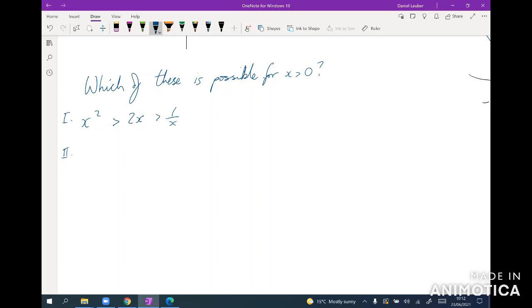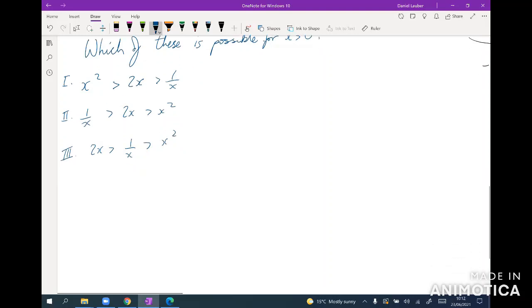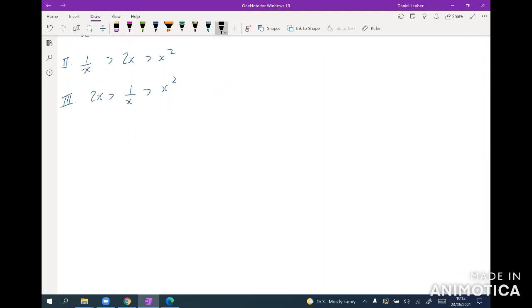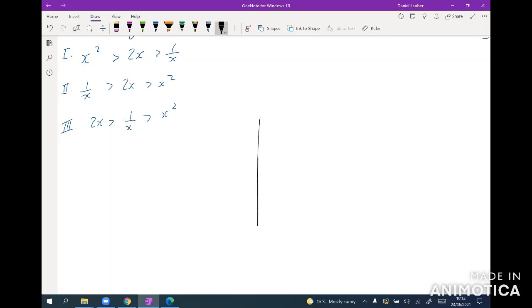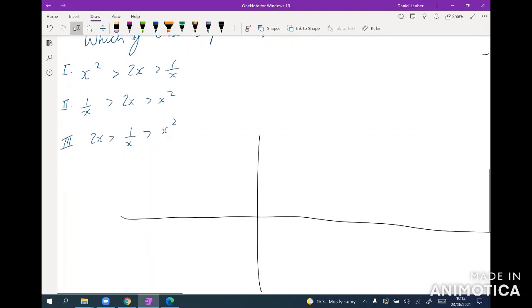And algebraically, this is just a bit of a nightmare to try and figure out. So, I mean, just think about trying to solve that algebraically. You're going to be in quite a lot of trouble. But instead, I'm just going to say, okay, well, there's 3 things to sketch here. We're going to need to make sure we sketch it relatively well. We're only talking about x is greater than 0.